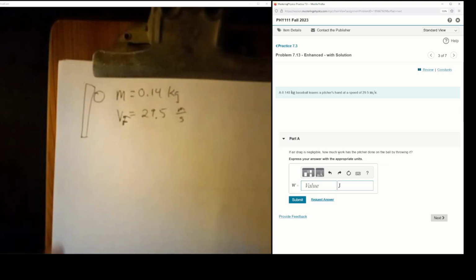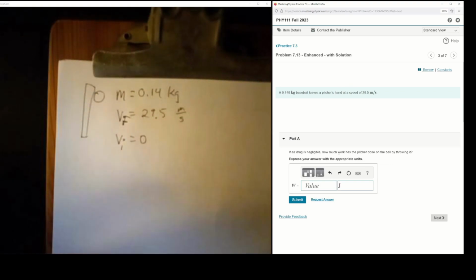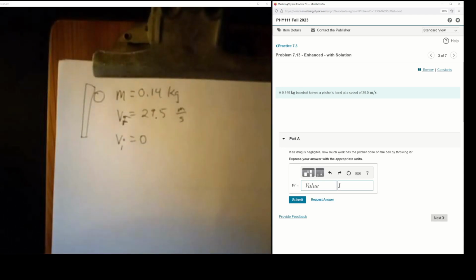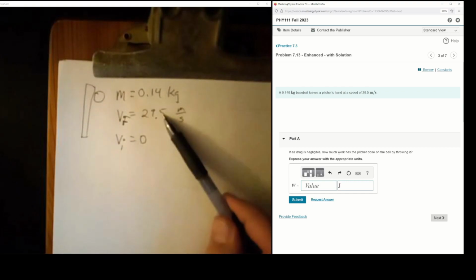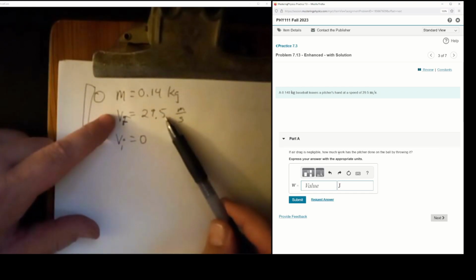So they're saying that the ball starts with 0 velocity. So you got your ball in your hand, it's got 0 velocity, and then you throw it. And when you throw it, it gets this velocity. So the initial is 0 because you're holding it, and then you throw it, and you leave your hand, and here is our final velocity then.